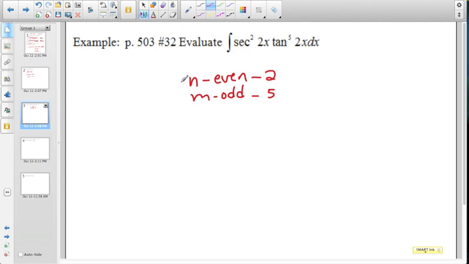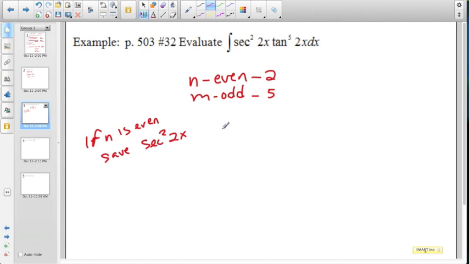So we're going to look at saving this even power. We're going to do the if n is even rule, so we're going to save a secant squared 2x. So we're saving the whole thing.